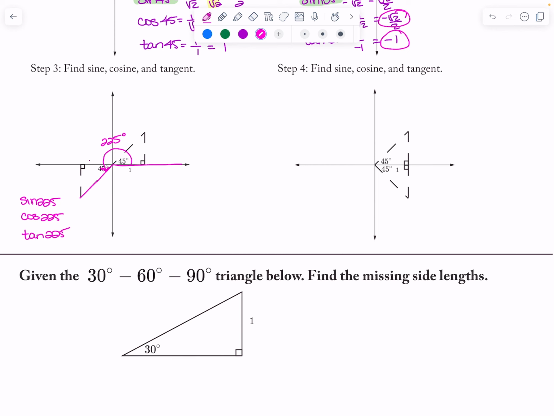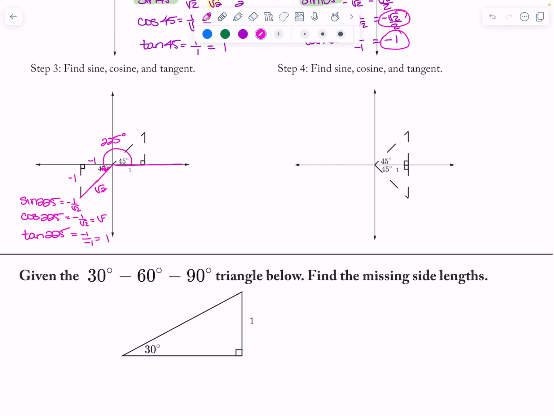And now my side lengths are -1 along the x part, -1 along the vertical part, and then still a positive √2. So when I do 225, that'll be a -1 over √2. My cosine will be a -1 over √2. And my tangent, though, will be -1 over -1, and I get positive.